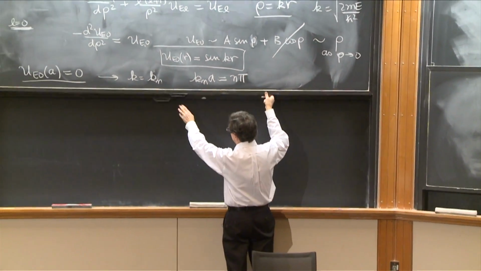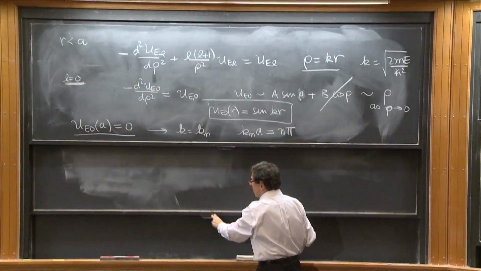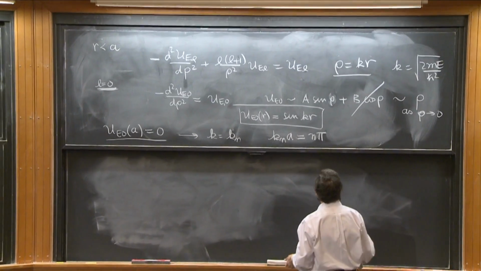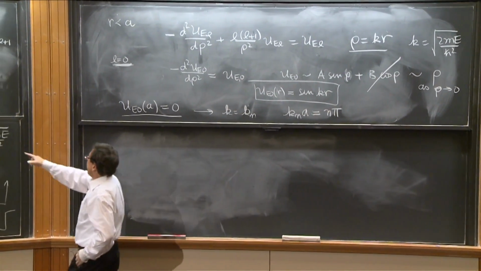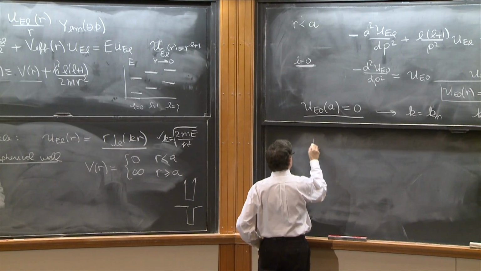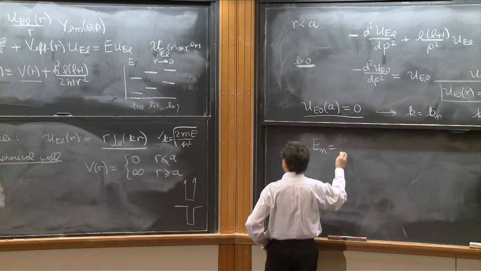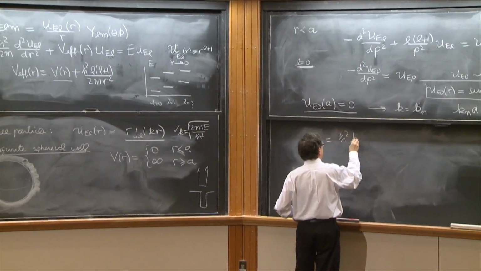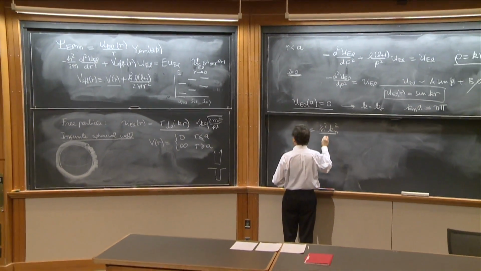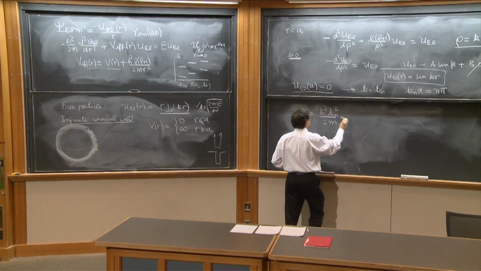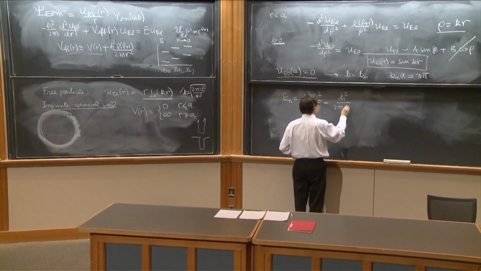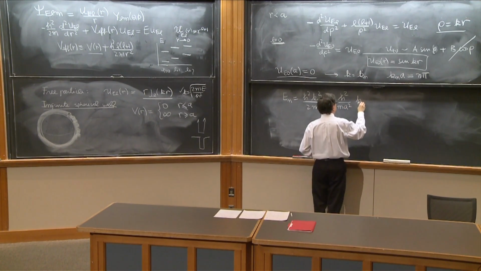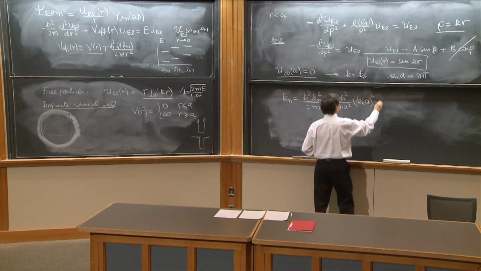This is quite analogous to the infinite square well. And now the energies from this formula, En, will be equal to h squared kn squared over 2m. And it's convenient, of course, to divide by m a squared, so that you have kn a squared.